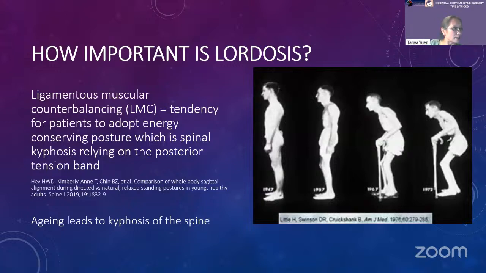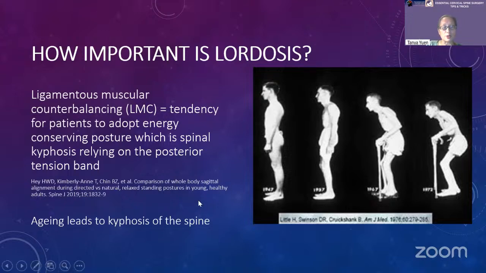So here you can see this is an accelerated view of the aging kyphotic spine in a patient who happened to have ankylosing spondylitis. There's a tendency for us, as we get older, to adopt an energy-conserving posture, and that's slumping, and that then leads to kyphosis of the spine because you then rely on this posterior tension band in the spine, which is the interspinous ligaments, the facet joints, etc., in the back part of the spine.